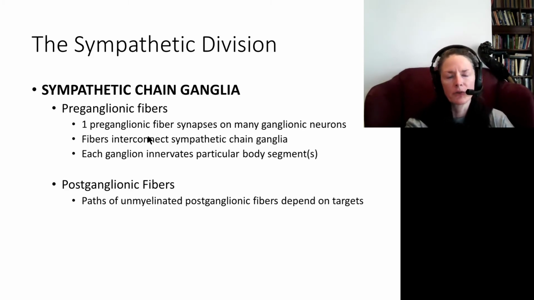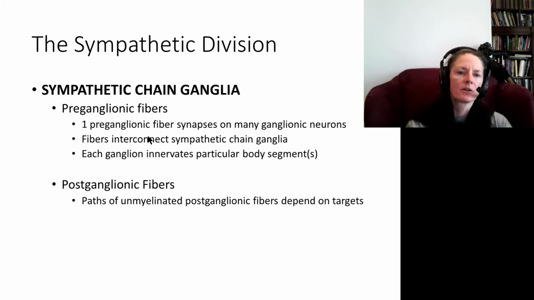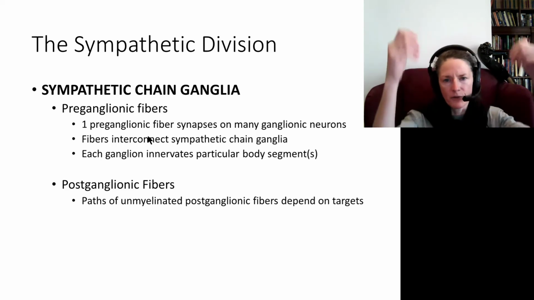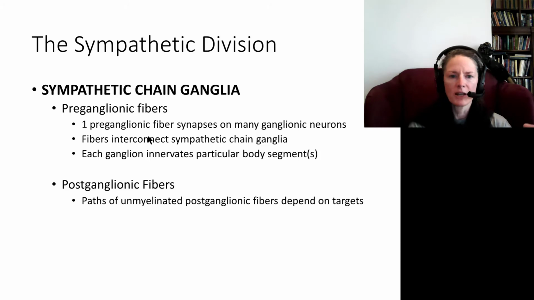All right, so as we've said, we've got lots of divergence. One preganglionic fiber can synapse on a bunch of ganglionic neurons, typically around 32. And we've got these fibers interconnecting the sympathetic chain ganglia, and each of these ganglia are going to innervate particular body segments.